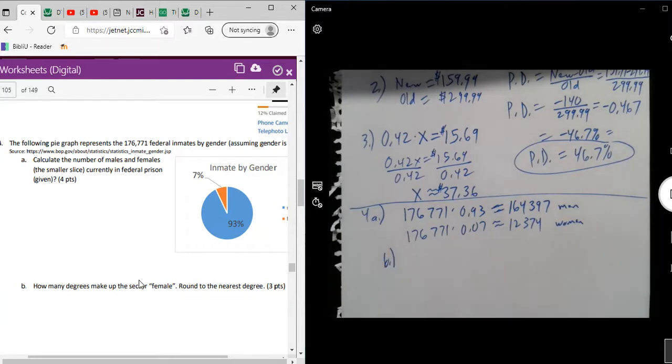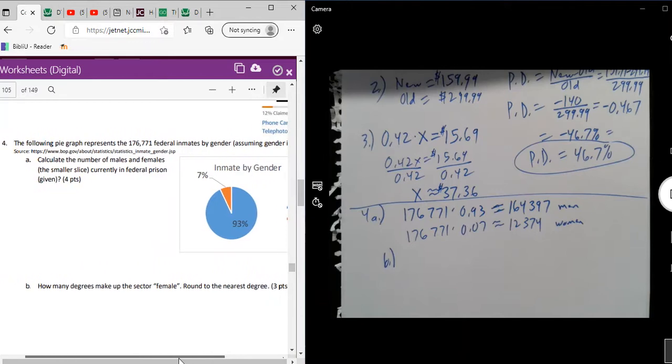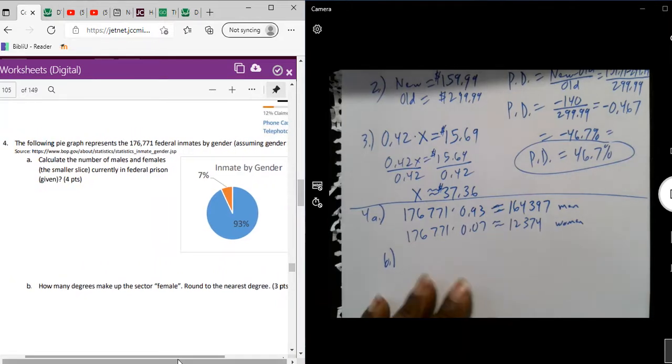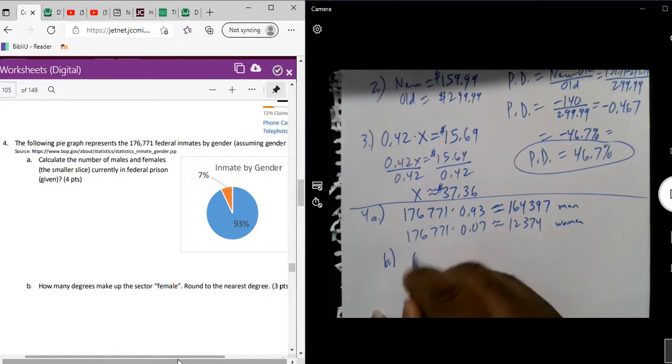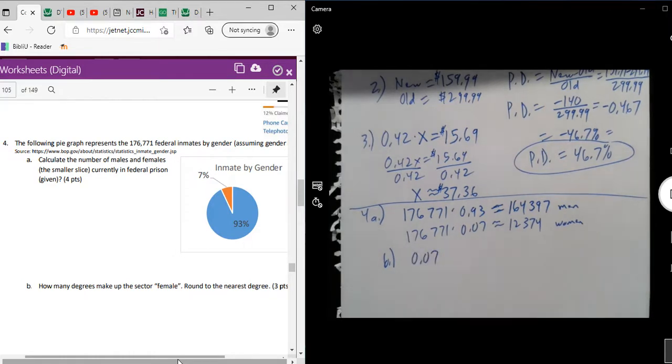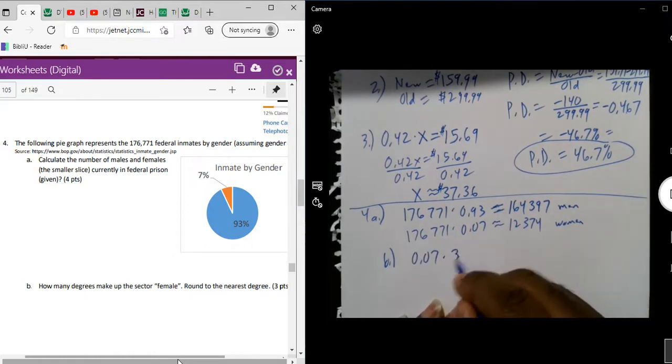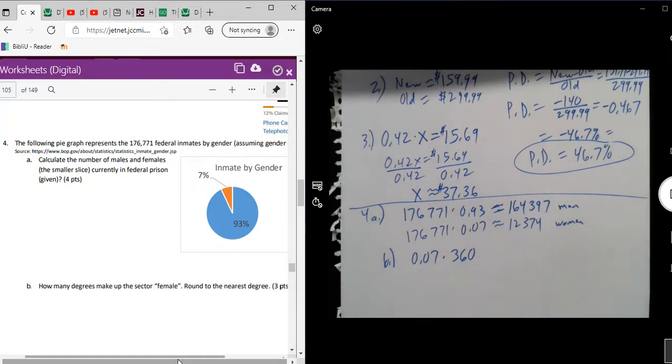Now we go here to B. How many degrees make up the sector female? Round to the nearest degree. Now, we need to take the percent of female, which is 7%, and multiply by 360. Because remember, to find out the degrees, we take the percent times 360.